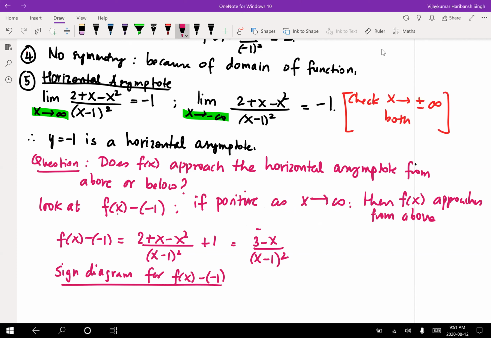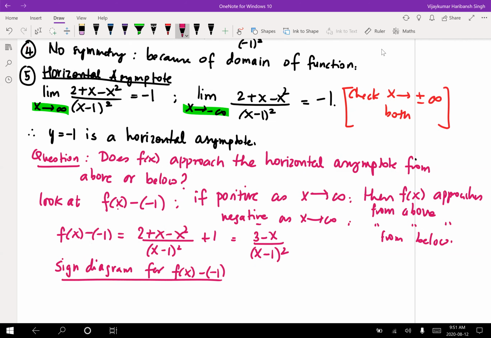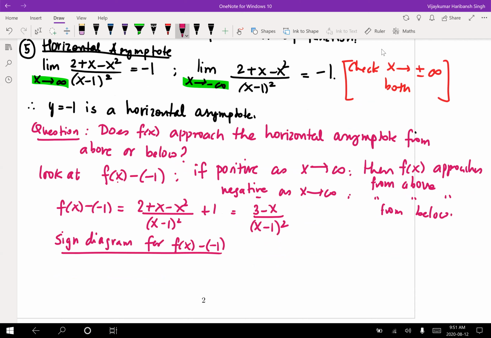And if it is negative as x goes to infinity, then f of x approaches from below. Yeah, so this is what we want to do, right? So when you simplify this, this is what we get.